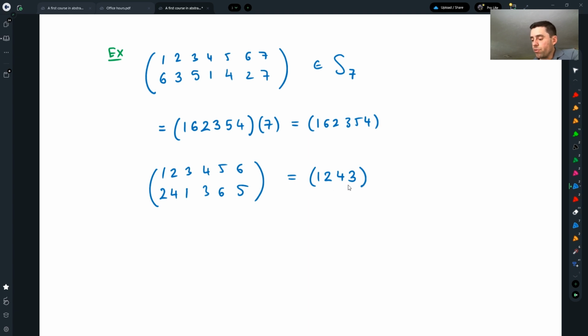Now I have 1, 2, 3, and 4. So what's the next number? Let's see where 5 goes. 5 goes to 6, so it's not going to itself. And 6 goes to 5. So this permutation in compact cycle notation is a product of 2 disjoint cycles. This is a cycle of order 4, and this is a cycle of order 2.